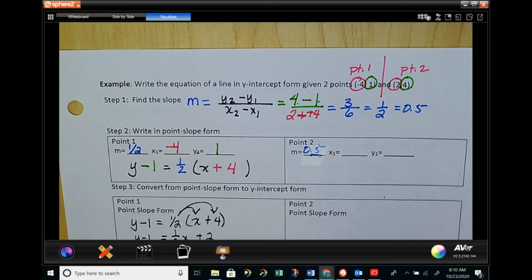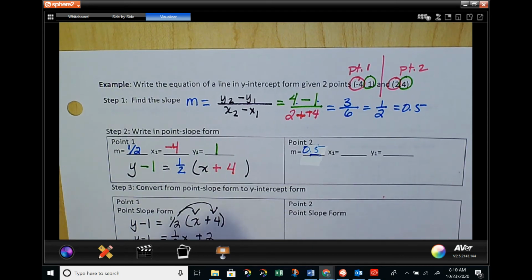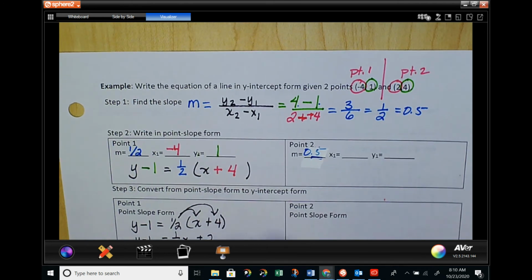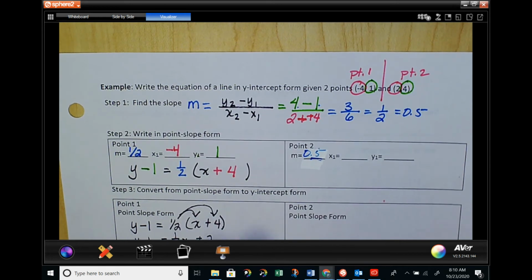So then we go through and we're going to solve for y. So the opposite of subtracting is to add, because I have to undo my operation. So now we get y, and my slope was 1/2.